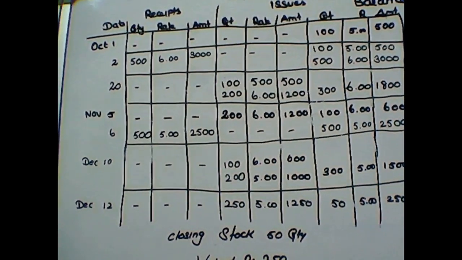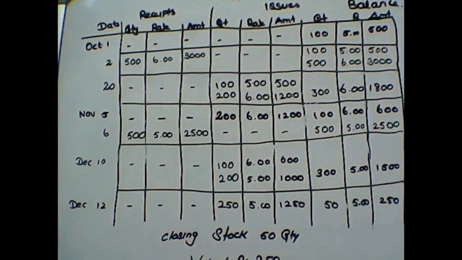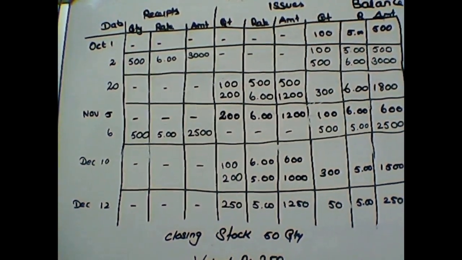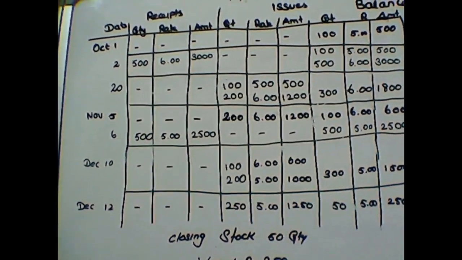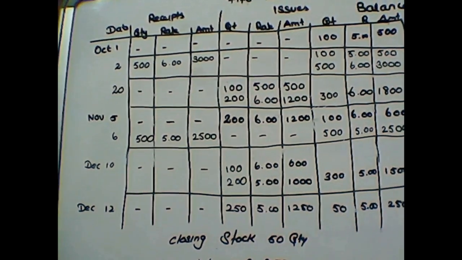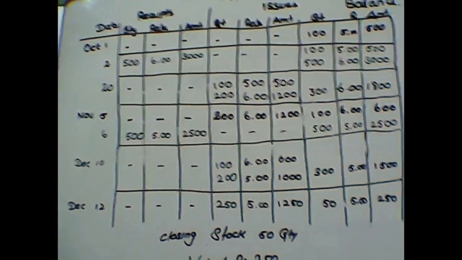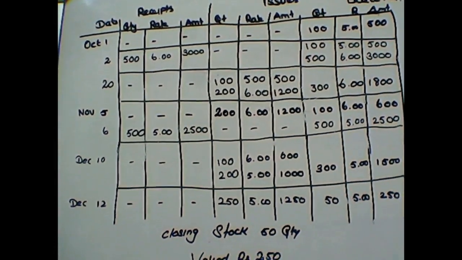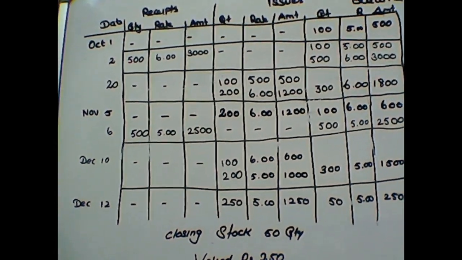We have to compare the units from the balance column, and while looking at the balance column we have to keep in mind that we follow the first in first out method. We take the first slot first, and the second slot only if there is a balance or in need.